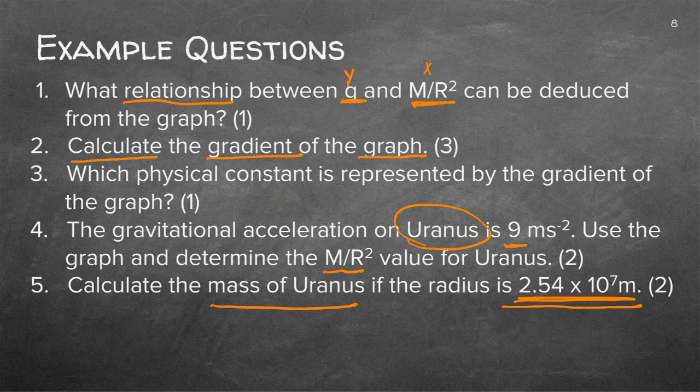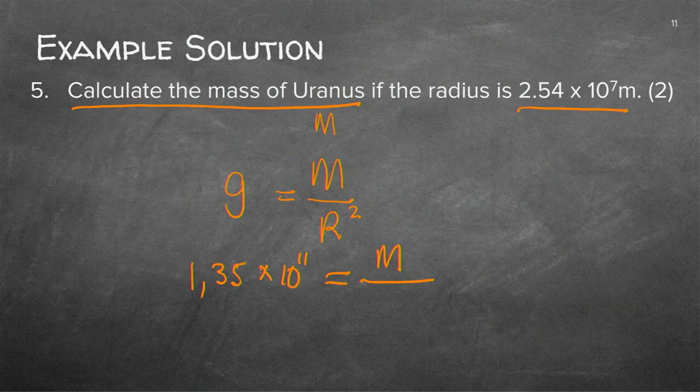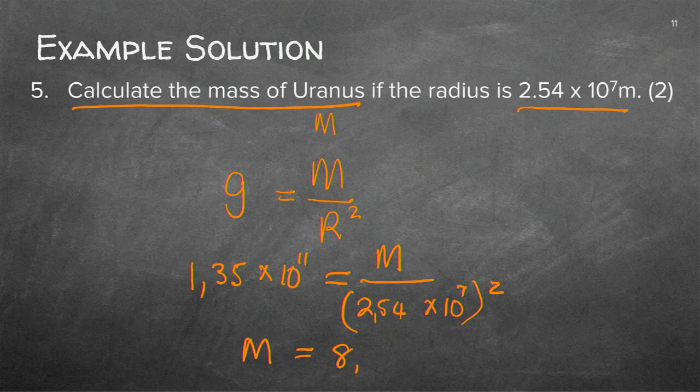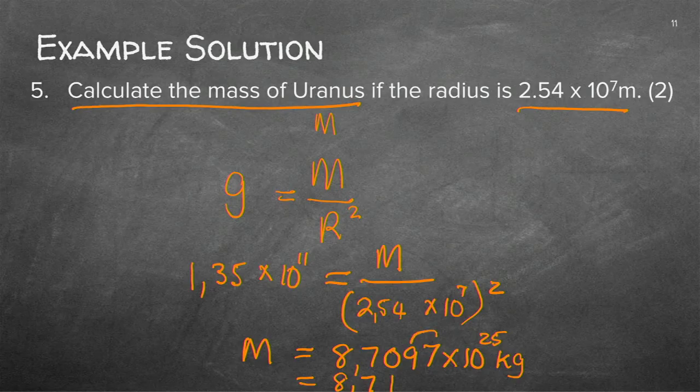Remember, they gave me the radius, 2.54 times 10 to the 7. So I just complete this equation. Remember the square. Do everything very accurately, and you'll find your mass to be 8.7097 times 10 to the 25 kilogram. And if you've got to round this answer, it will be 8.71, because you will round it to 2 decimals, times 10 to the 25 kilogram.